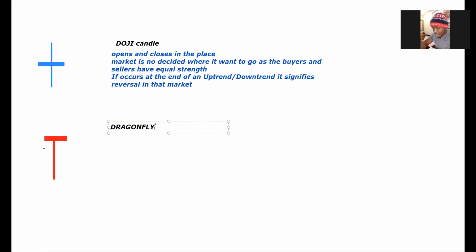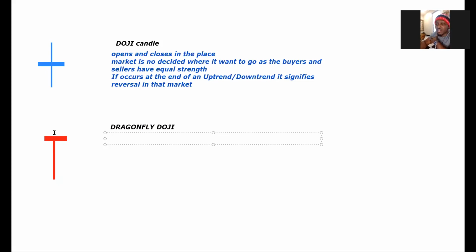So this dragonfly doji can either be blue or red, but I am using red here so that I can drive the point home. One characteristic you can see is that this candle has a long tail to the downside and a very small body right at the top, with little to no wick above it.